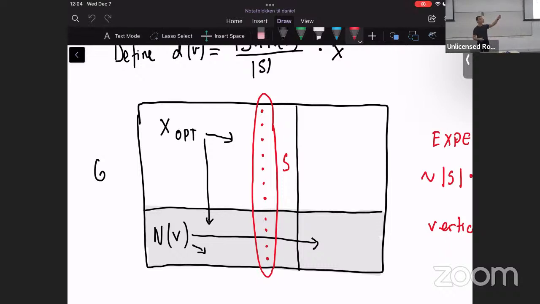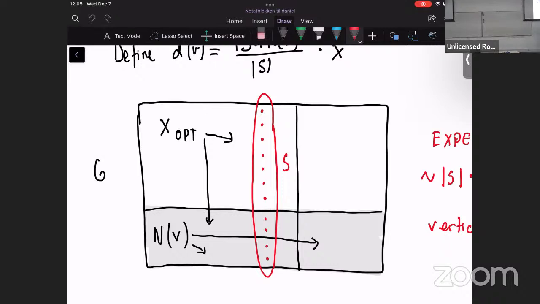When I pick a vertex in the sample, I cannot know whether it is in the optimum solution or not. This I don't know, right? I do know whether the vertex from my sample is in the neighborhood of v or not. That's my bark. Now, if I look at the vertex v and I look at its N(v) intersection X, then N(v) is the gray zone over here.